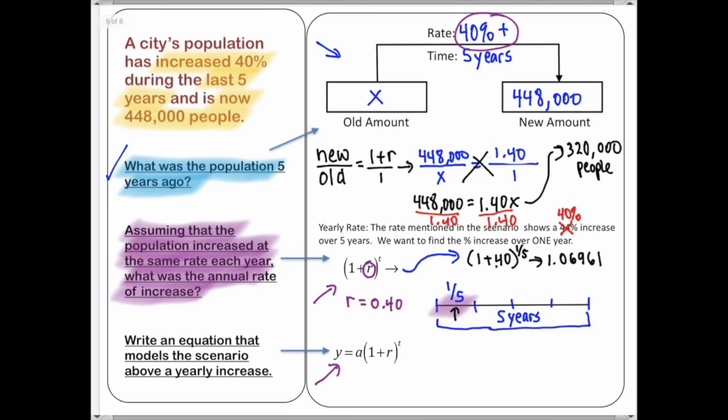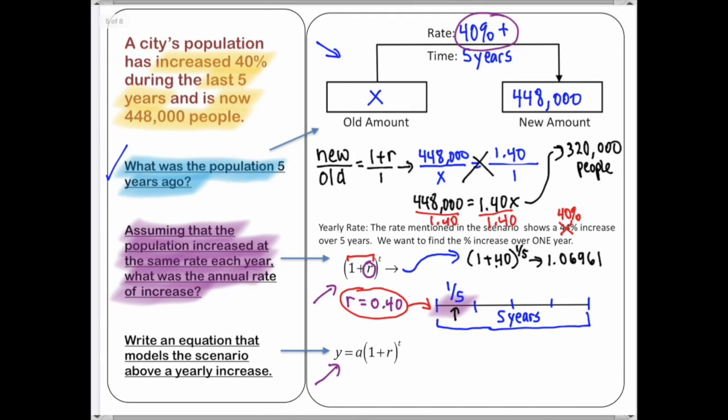What we want to do is this, and this is what a lot of students forget to do. The rate for 5 years was R, the 40% increase. Now, inside of here, we added a 1 to that rate.